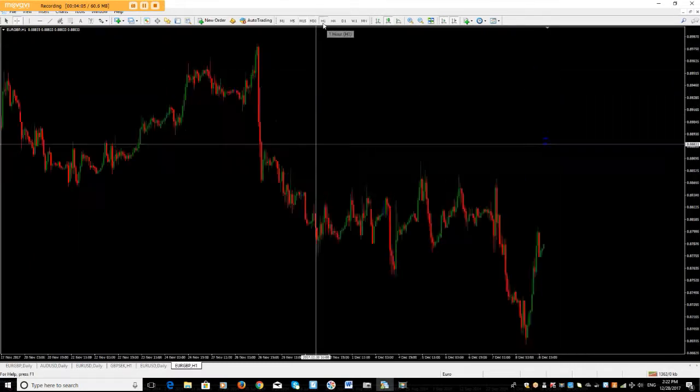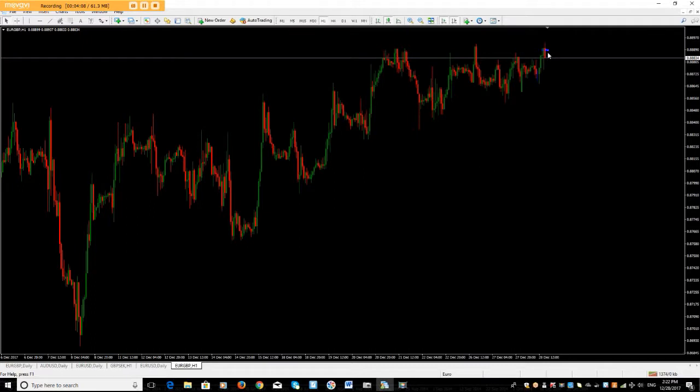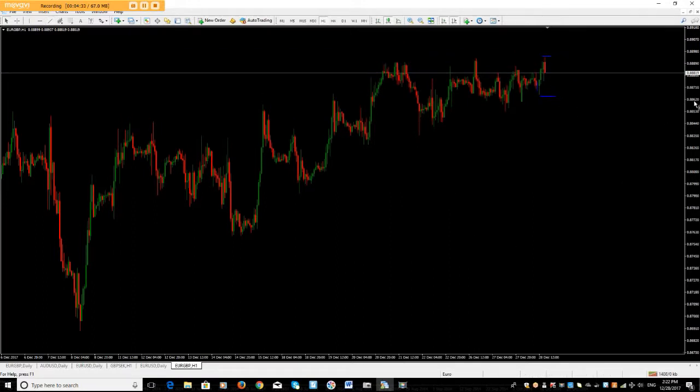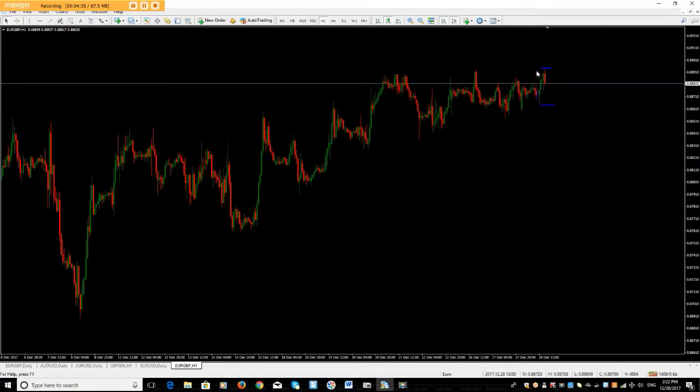Let's go on to the hourly chart, so it's easier for me to show you. So my entry, let's put my entry there, and that's my stop loss. Now once I get my entry and my stop loss in the right place.